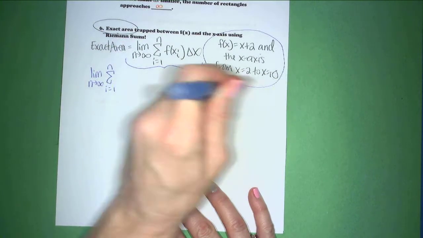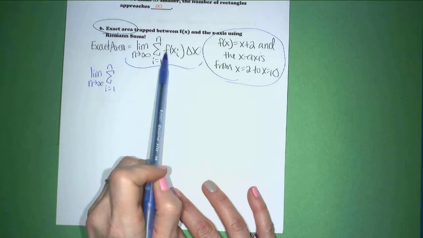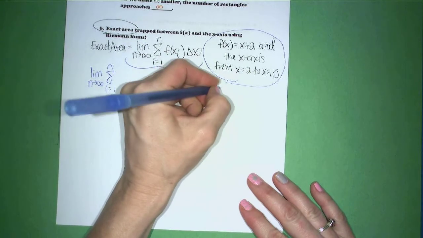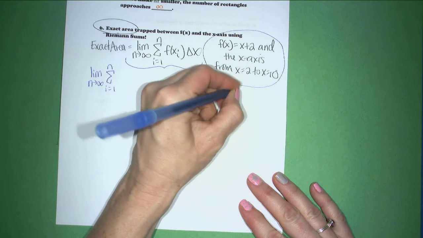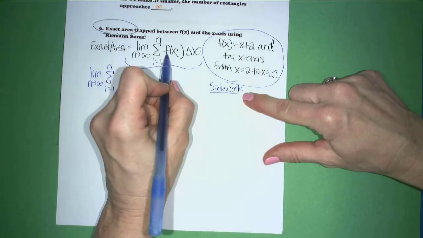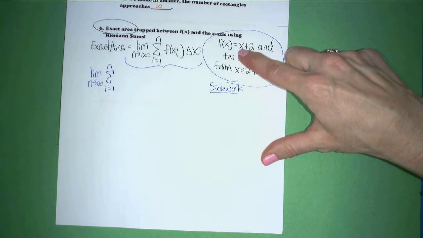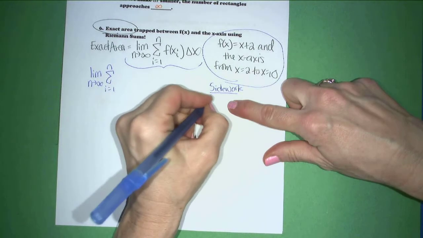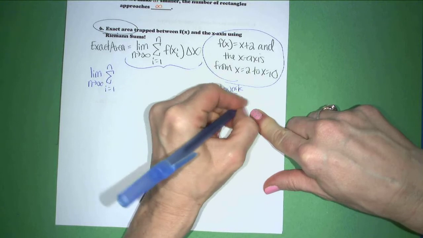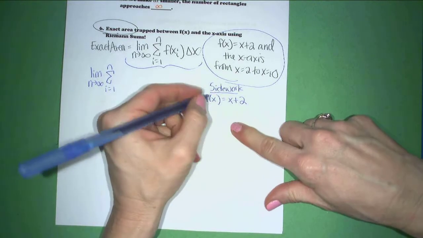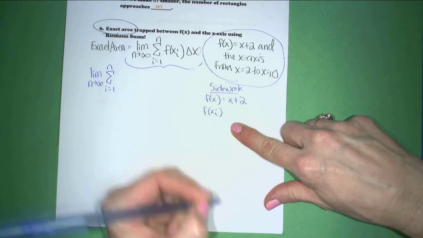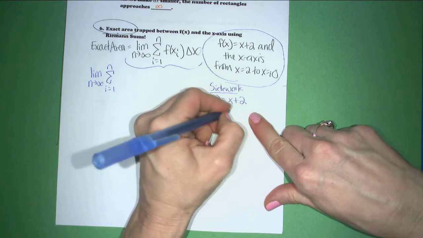So let's look at f of x sub i. Okay, well, I'm going to call this my side work. We've done side work many times. And underneath my side work, since I'm looking for f of x sub i, it might be a good idea to just recopy down what f of x is. So if f of x is x plus 2, then f of x sub i would just be x sub i plus 2.